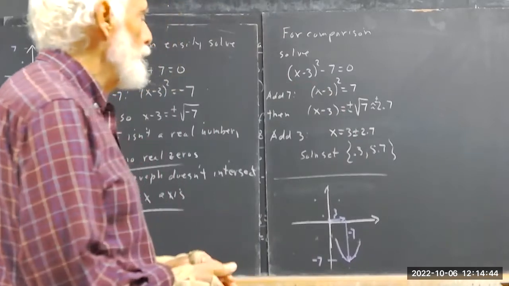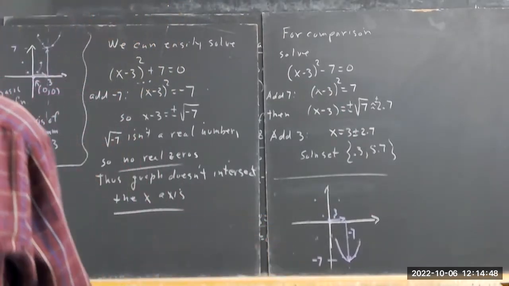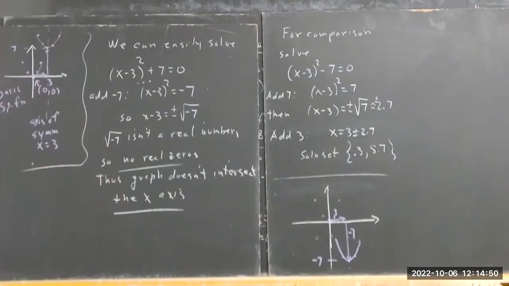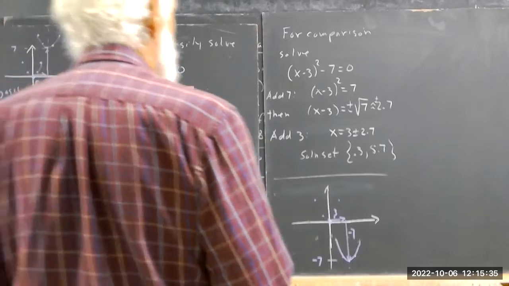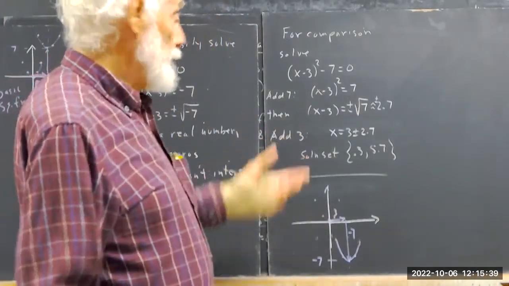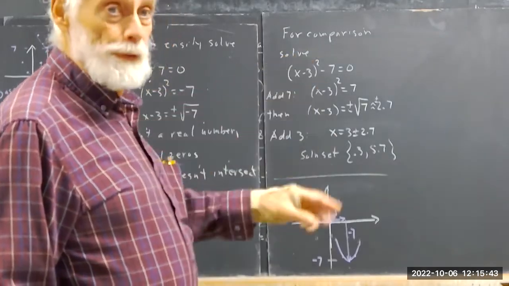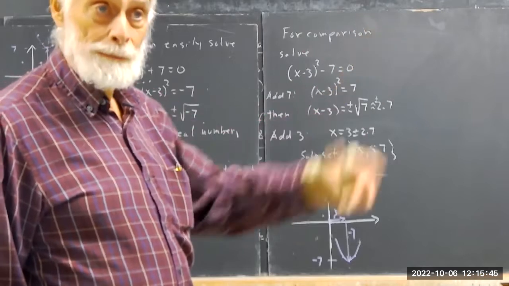Now, what's the y coordinate of the y-intercept? I'm going to pause for a second and let you tell me. Okay, so we just asked, how do you get the y-intercept? You let x equal 0. With x equals 0, you get 0 minus 3 squared, that's negative 3 squared, which is 9.